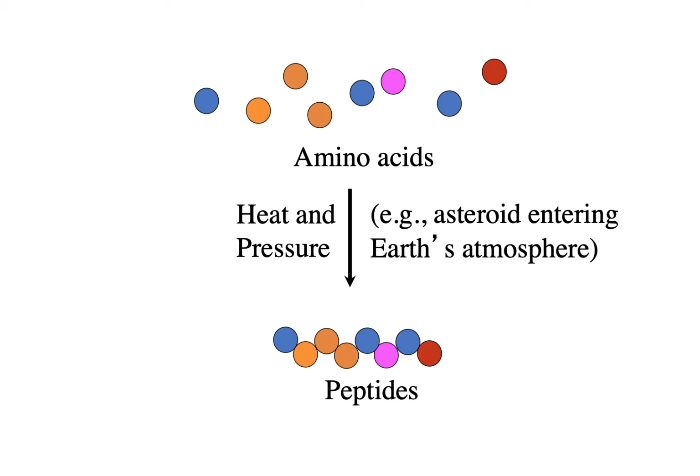So not only can these asteroids, meteorites, and comets, if they strike the Earth, bring in amino acids, but there's also a possibility that they can already have some short peptides that have been formed within those bolides.